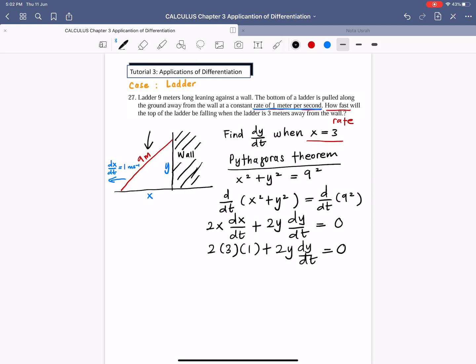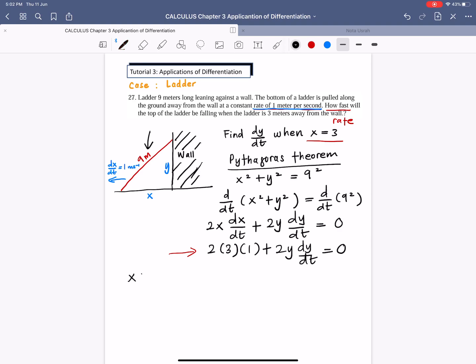But if you see in our final part here, we still have the variable y. So we must have the y value in order to find dy/dt. So what we will do, we will utilize the Pythagoras theorem.